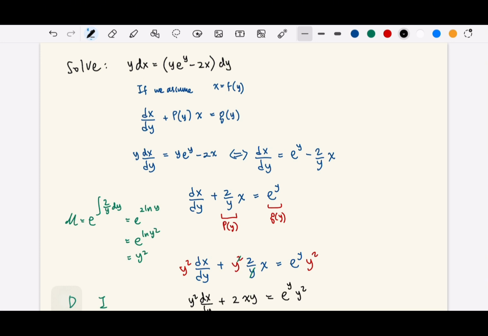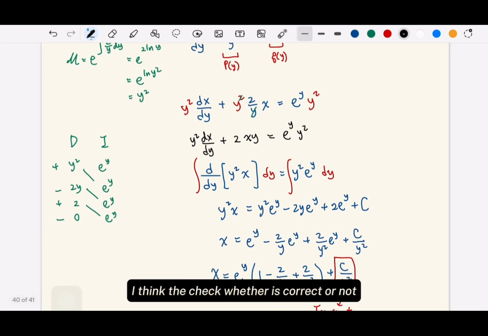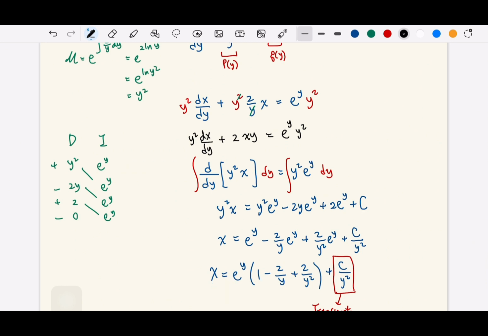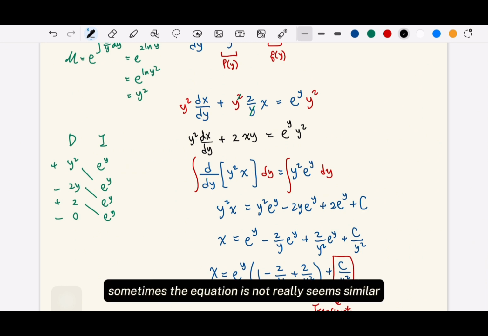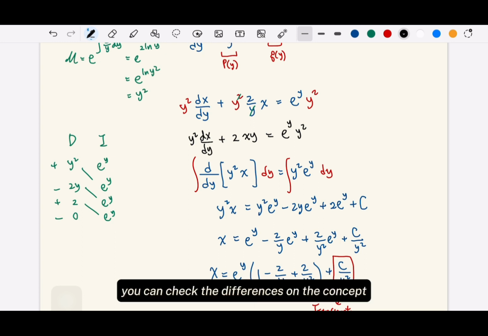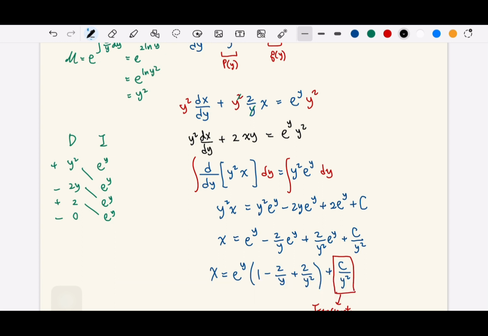I think to check whether it's correct or not, is checking the C. Maybe check the initial condition. Sometimes the equation doesn't really seem similar, but the difference is usually within the C. You can check the differences in the constant.